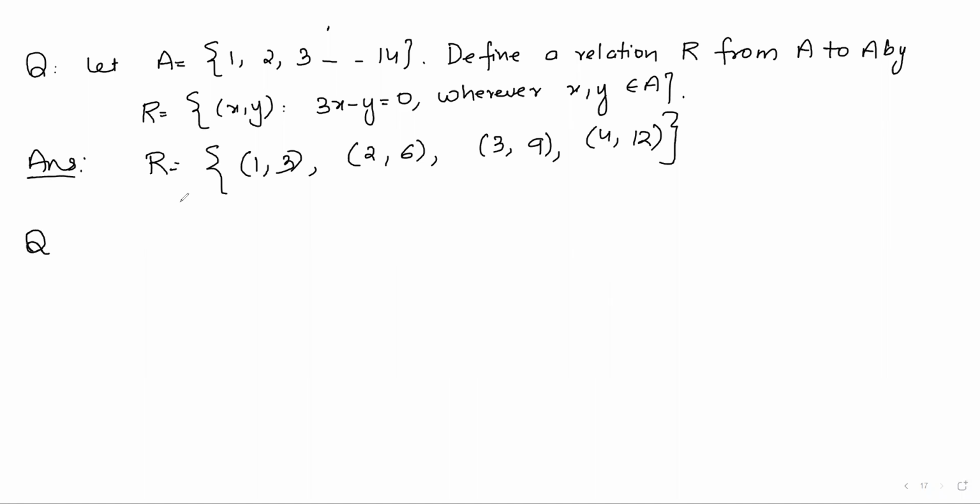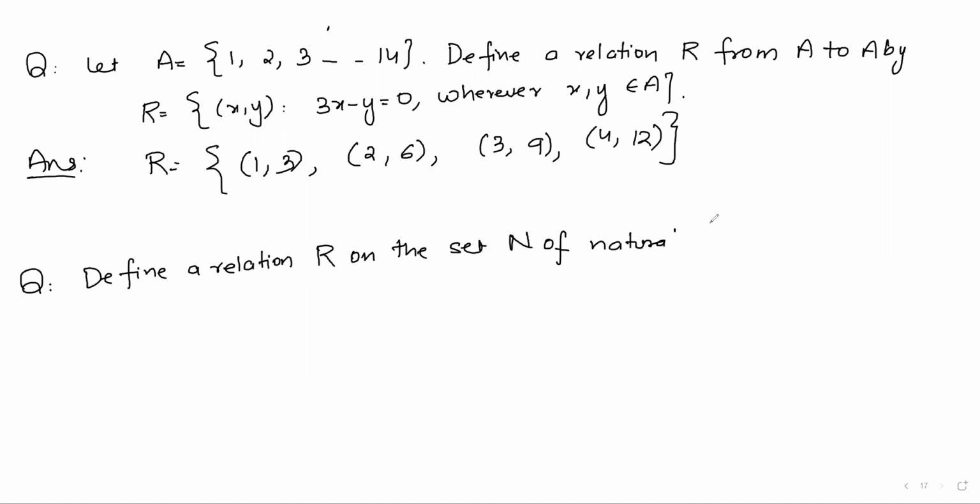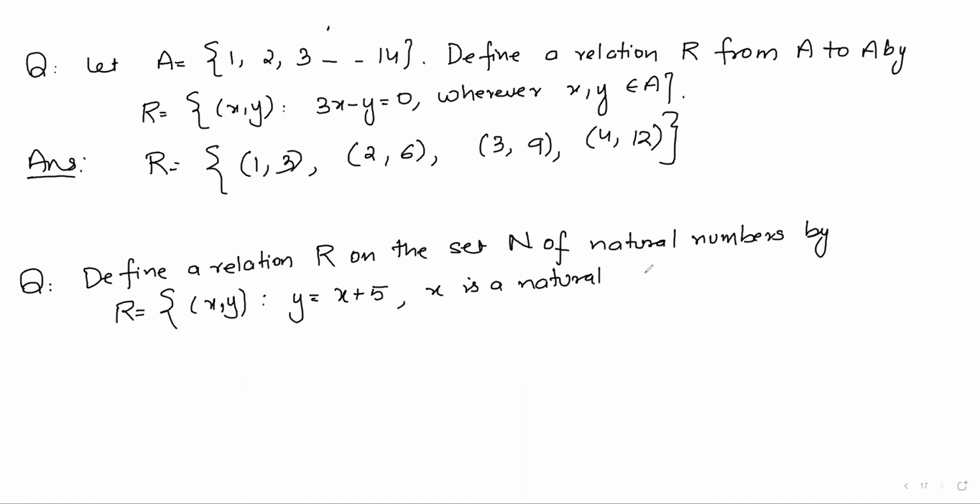Next is: define a relation R on the set N of natural numbers by R is equal to {(x, y): y is equal to x plus 5, x is a natural number less than 4}.